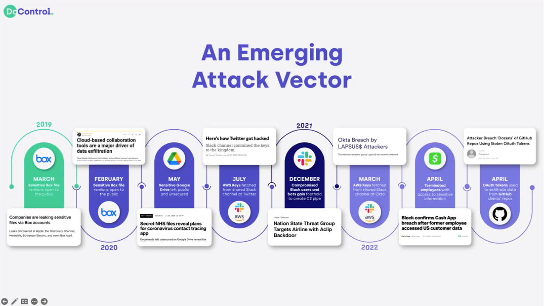So when you think about SaaS utilization and adoption today, every organization is leveraging SaaS to make their business more agile. But like any tool or technology that is going to enable the business, you want to make sure that there aren't any negative implications from a security standpoint.